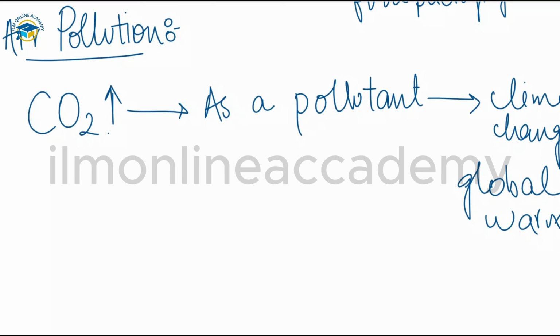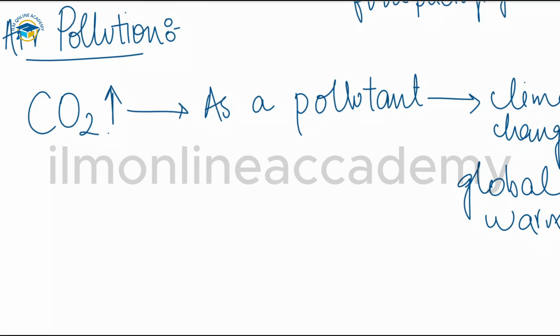Global warming, if I just tell you the definition, is a long-term increase in the average temperature of the Earth's surface, which may be caused in part by human activities. Human activities also increase these pollutants in our atmosphere. The major one is the use of fossil fuels such as coal, oil, natural gas, crude oil.